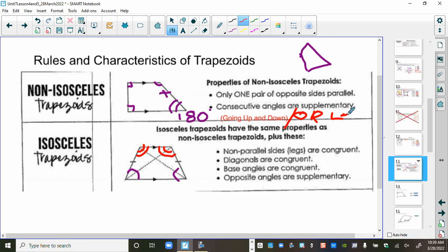We'll just say left and right. Well, it should be both ways. Left and right, the arrow's going both directions. So it might look something like this. They add up to 180. Okay, anybody any questions?